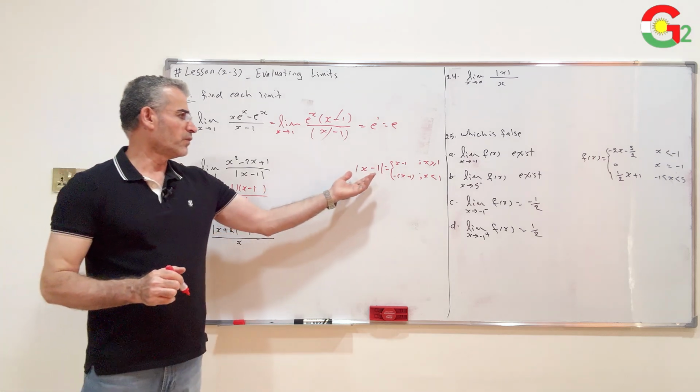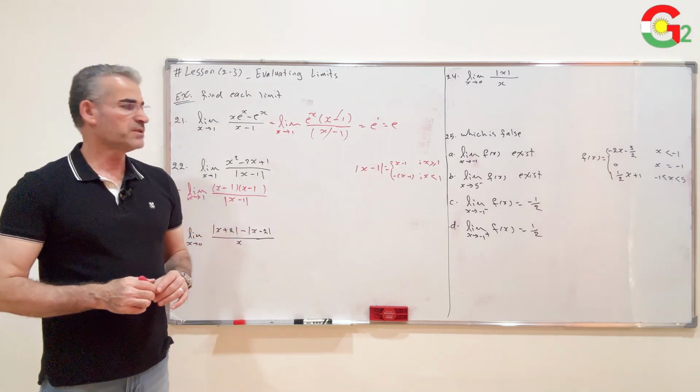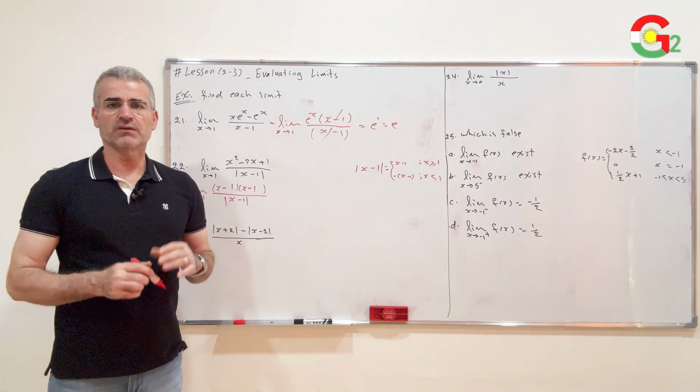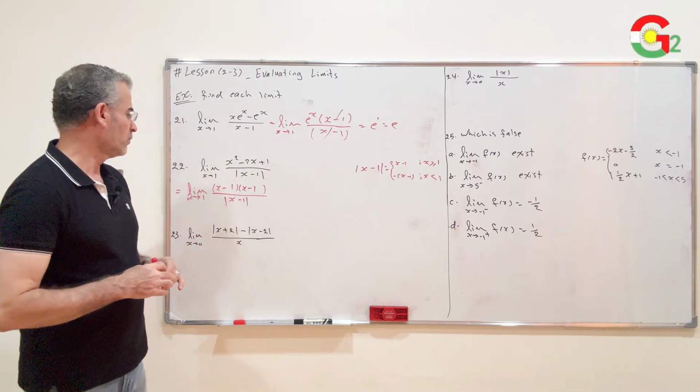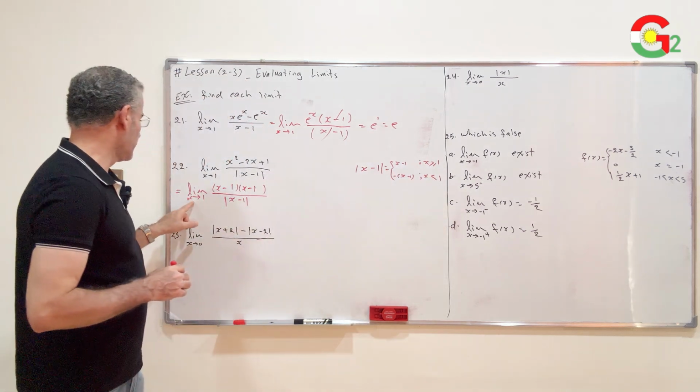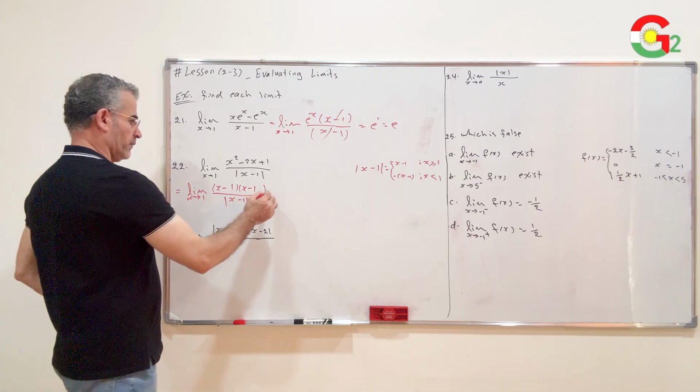If we want to remove this absolute value and find the limit, then we should find it from the left and from the right, since the joint point is 1 and the limit approaches 1.